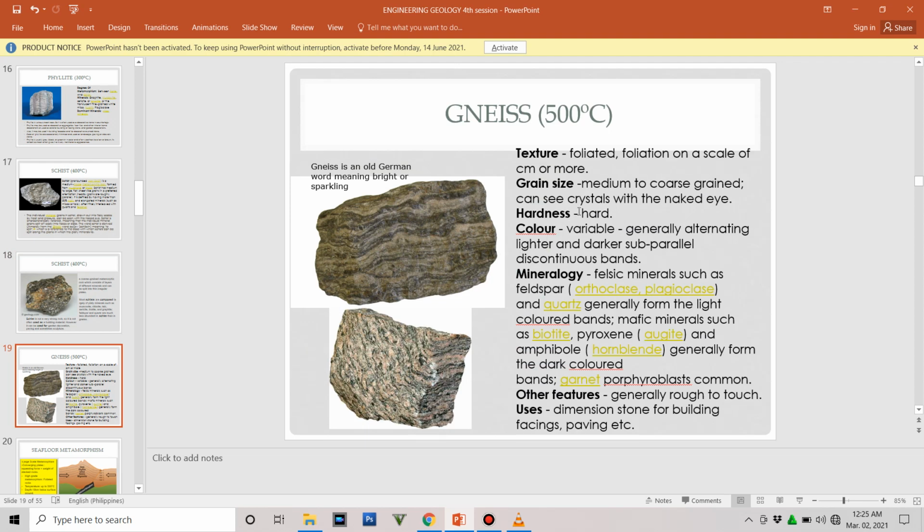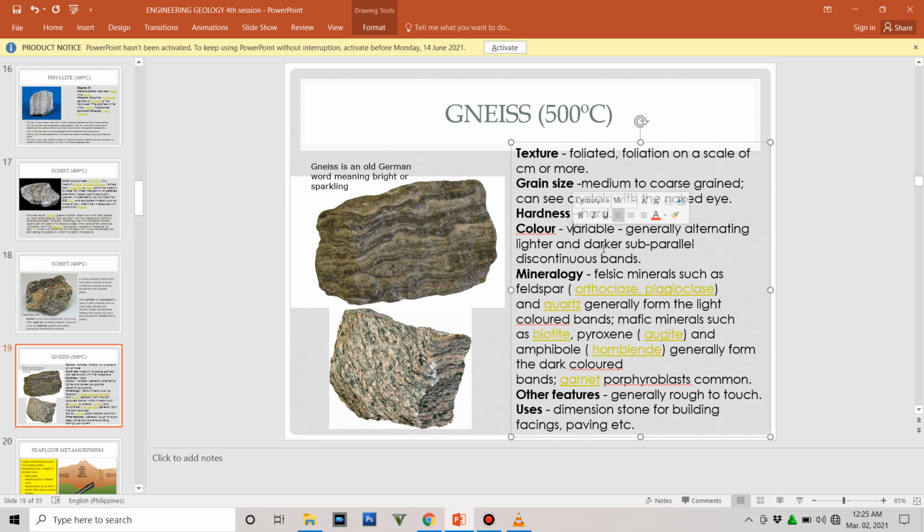So you can see here the crystallization of your material with the naked eye. And then sa hardness naman, ito matigas siya. So comparing to the schist, yung schist, it is not that hard. Okay?